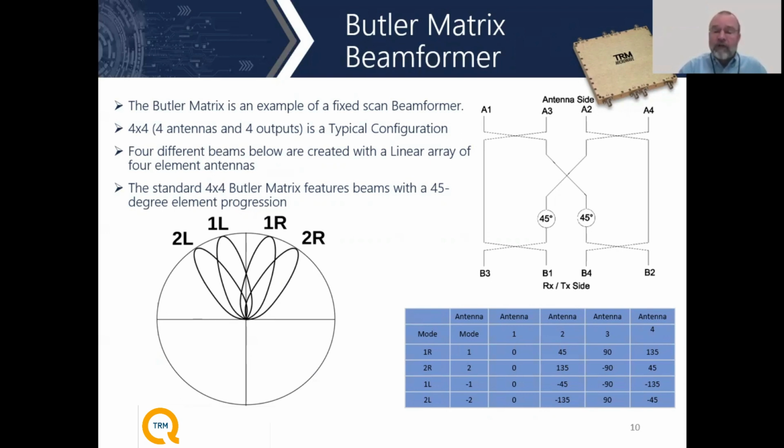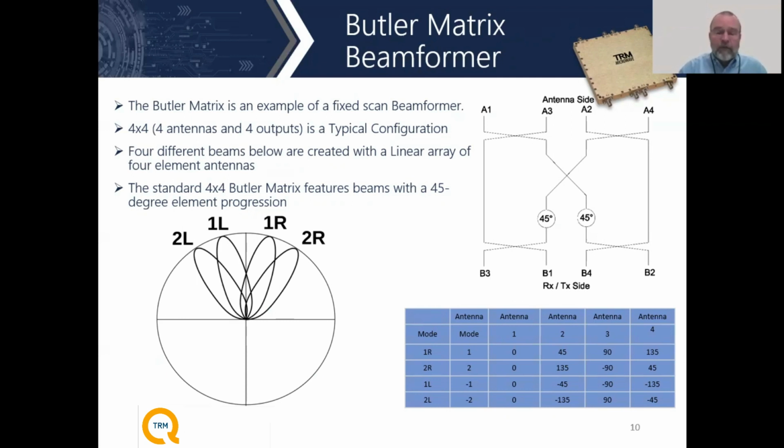Now, for an actual application of this sort of matrix, if you want to switch between those 4 lobes, all you need to do is put a 4-way switch on the output side of that Butler matrix and switch between them, and you can generate 4 individual distinct antenna patterns using a passive network up to a fixed antenna array.